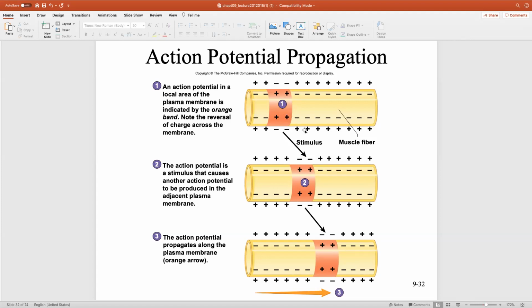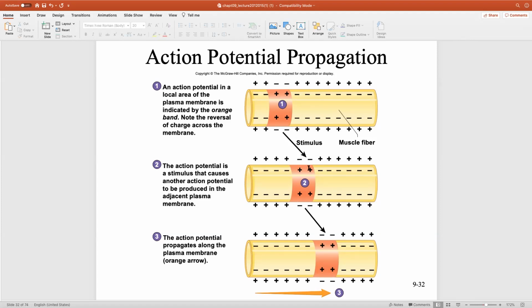So what happens? This region right here is at rest, with a resting membrane potential of minus 85. The sodium coming in here doesn't just sit still. The sodium moves forward. As it moves forward, you're adding positive charge moving forward, causing this region to hit threshold. As this region hits threshold, voltage-gated sodium channels open up in that region.